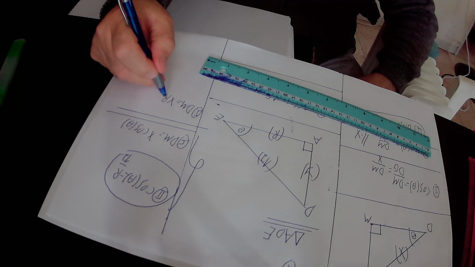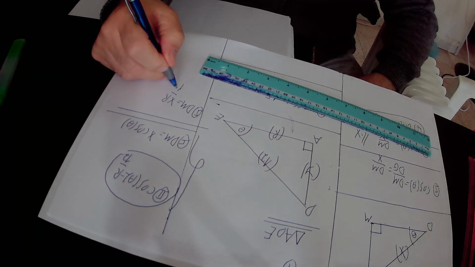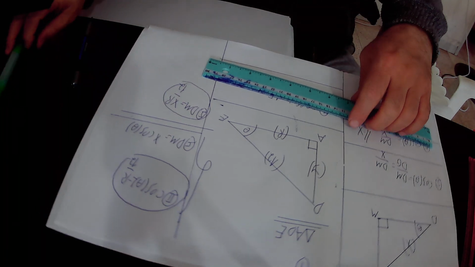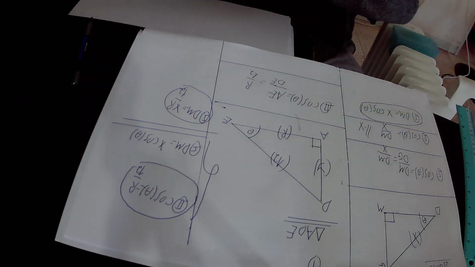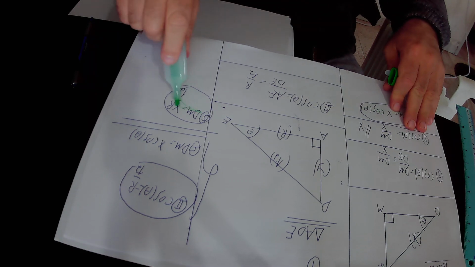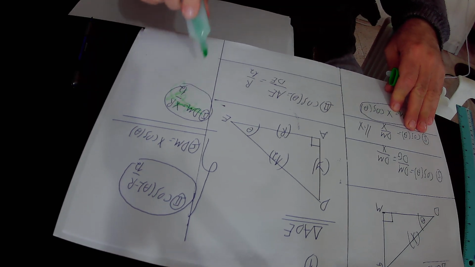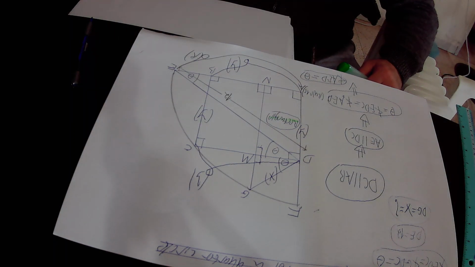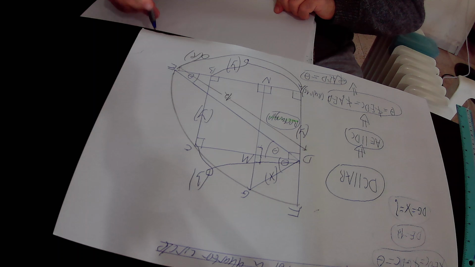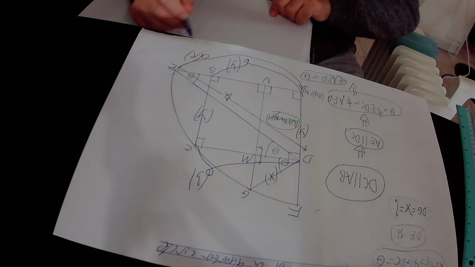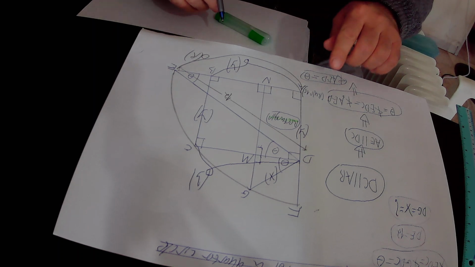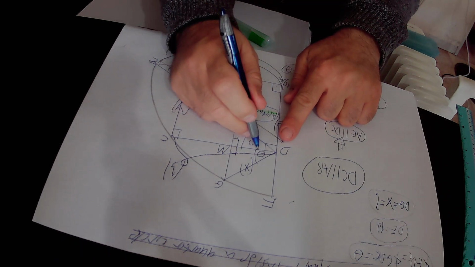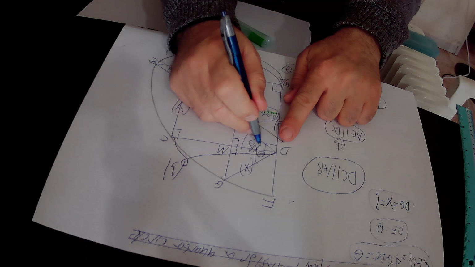So in total, DM equals xr over 12. So this is side DM, and it equals xr over 12.